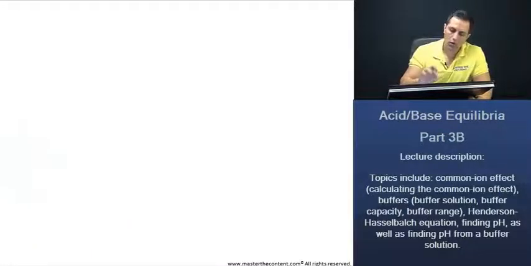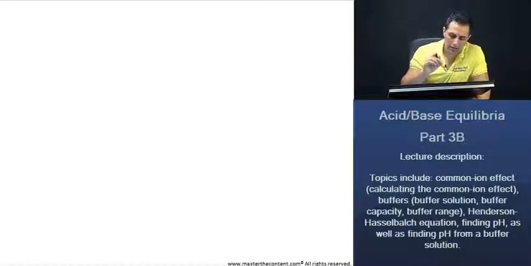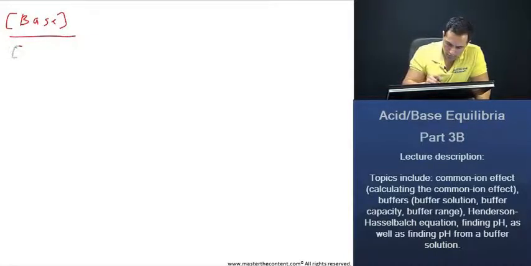What we can actually do is reverse or reconfigure our Henderson-Hasselbalch equation to find out what it is exactly that we need. And we'll start here with our Henderson-Hasselbalch equation. So we'll just take the base over our acid. All we're doing is rewriting the Henderson-Hasselbalch equation over here.